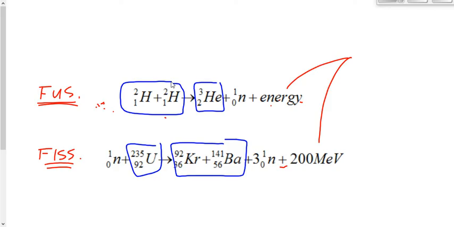All right, tell me where that energy comes from. We talked about which one produces more energy per kilogram. Where does the energy come from? Somebody, I can't remember, it was this class or the other class yesterday, said, well, doesn't that violate the law of conservation of energy? We get energy from nothing?